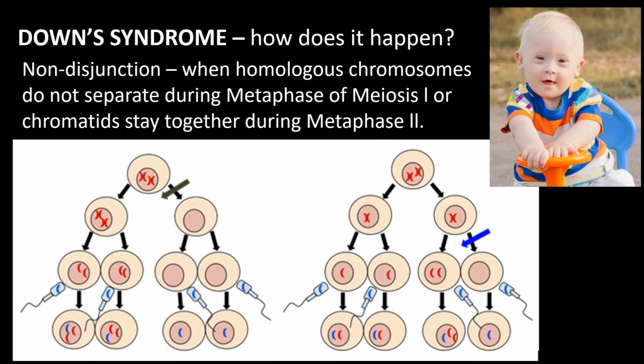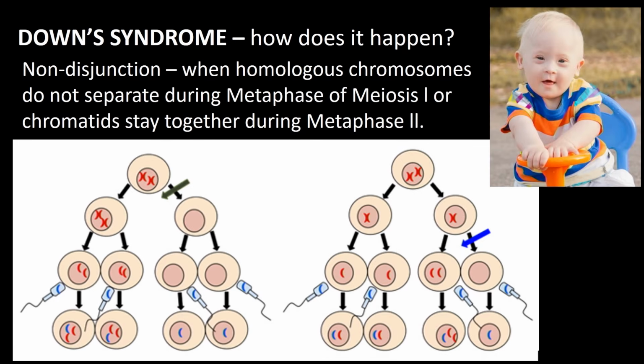Why do Down syndrome children end up like that? That is because when the homologous pairs should separate during meiosis, they don't.